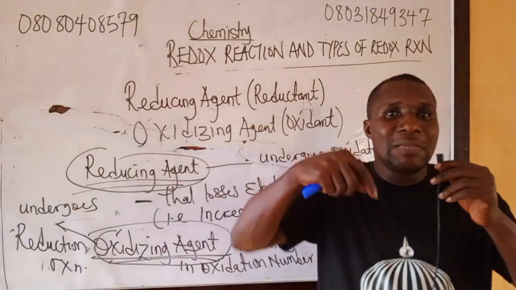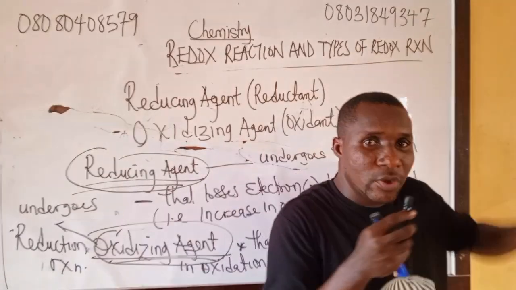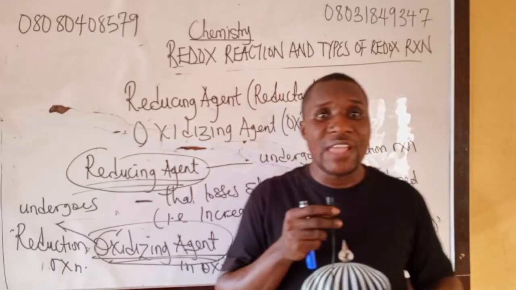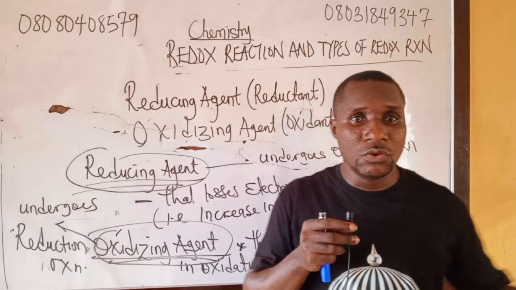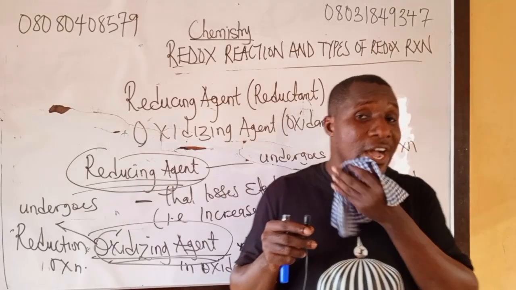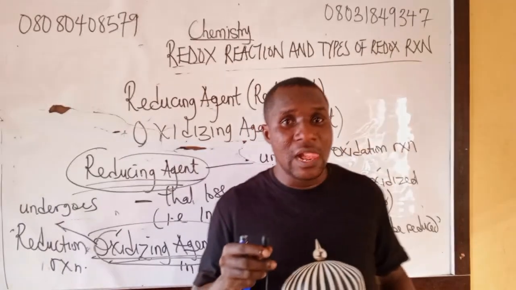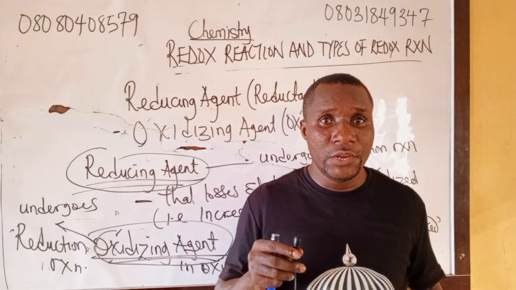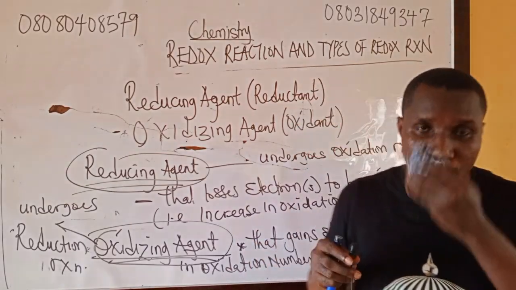That means in a chemical reaction where you have both reducing agent and oxidizing agent, that chemical reaction will be redox. Take note, I repeat. In a chemical reaction where you have reducing agent and oxidizing agent, that chemical reaction will be redox reaction. Let us move further.